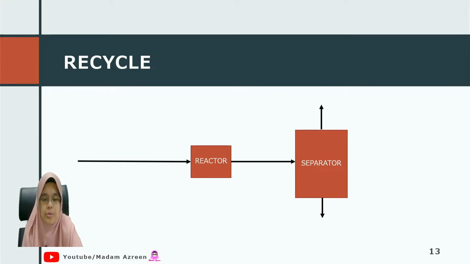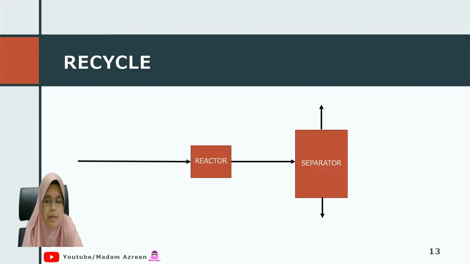This separation you will learn in detail in your third year in a separation course, specifically, and you will know what equipment is being used to do a separation. So this separator is just a general name for this separation equipment.